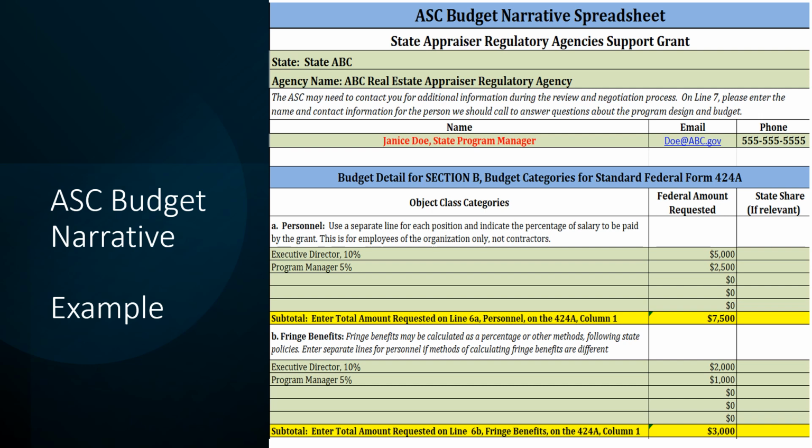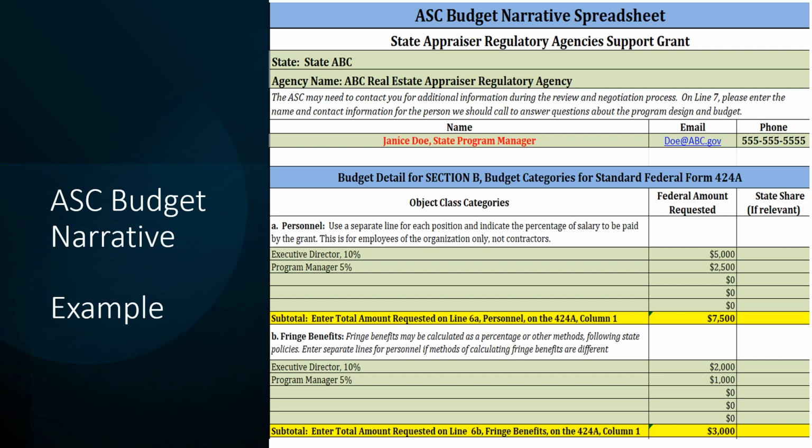When you go to personnel, here's an example of where the executive director is charging 10% for their time for the overview and oversight of the grant program, and is requesting 10% of their salary, which is $5,000. The program manager is dedicating 5% of their time, and maybe they're the ones that do the progress reports or the semi-annual reports or things of that nature.